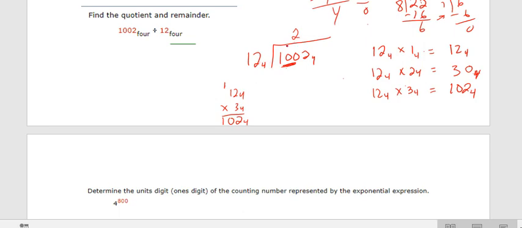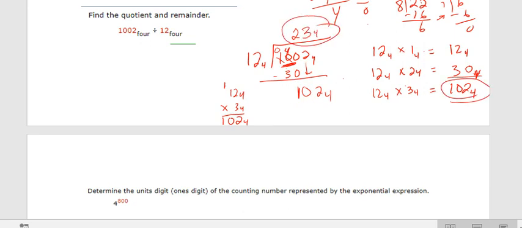So 12 base 4 times 2 is 30. So we're subtracting, that's 0. That's going to be 0, but we're carrying over 4 since we're in base 4. 4 minus 3 is 1. Bring down the 2. And then we have 102, which is 3. So our answer is 234.